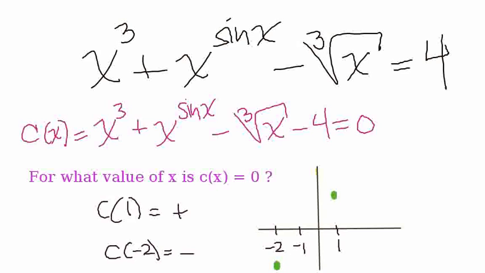Now, if it was continuous between those numbers, it doesn't have to be continuous everywhere, but if it's continuous at least between these endpoints, that means what? That means I have to draw it without lifting my pencil. Can you see that there's no way that I'm going to draw a line from one green dot to the other without crossing the x-axis?